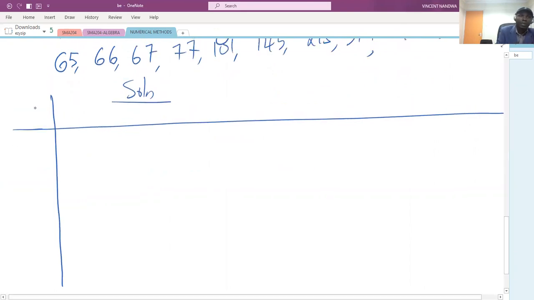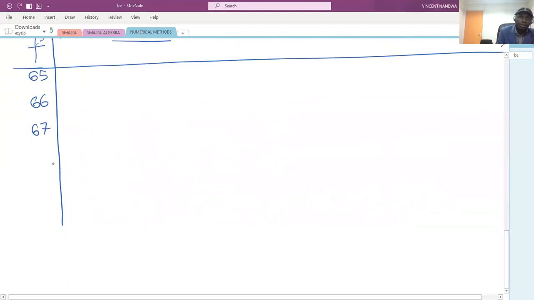So the function values would be 65, skip a line, 66, and then 67. Next will be 77. Next will be 101. Next will be 145. Next will be 215.